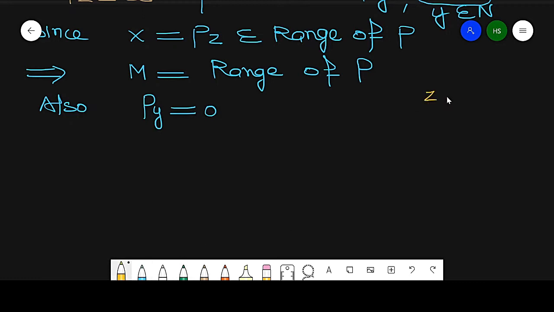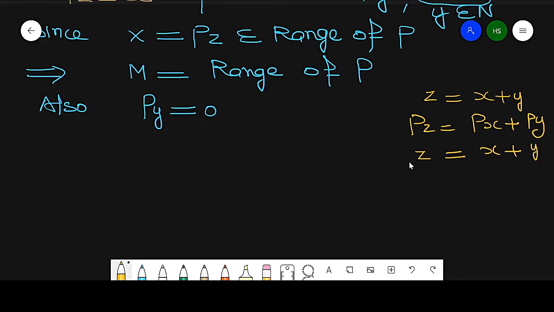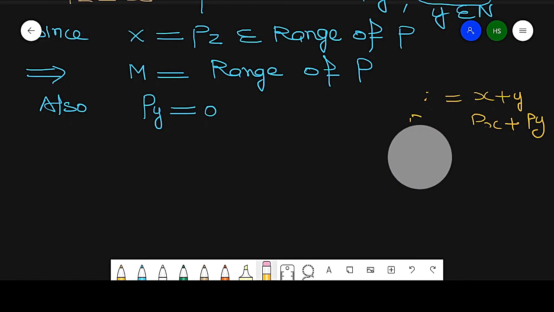Since Z equal to X plus Y, Pz is equal to Px plus Py, and Pz is equal to X, so Py is equal to 0.